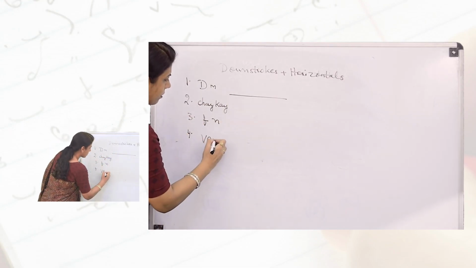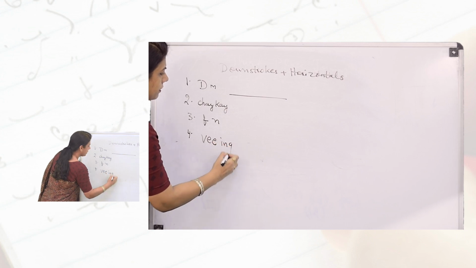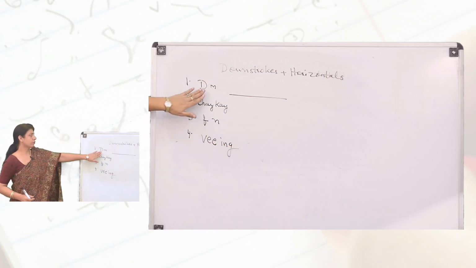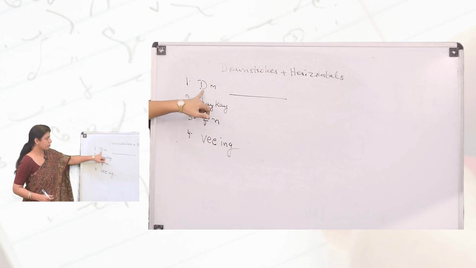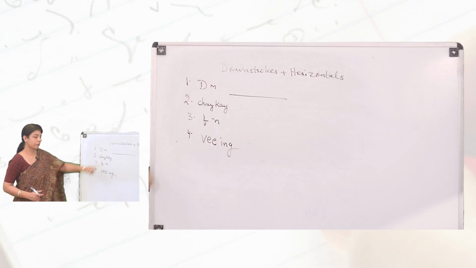So let's take V here and ing here. So these are the examples of a downstroke followed by a horizontal.